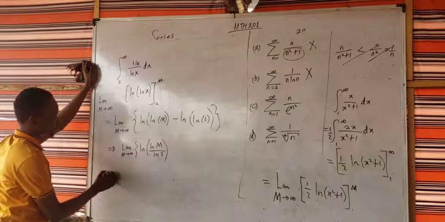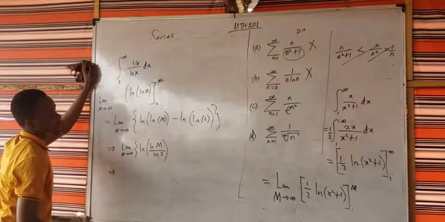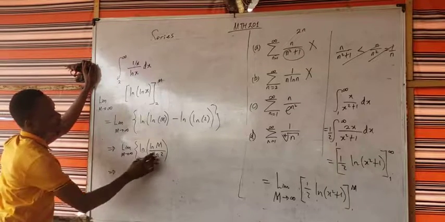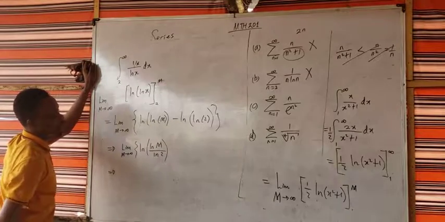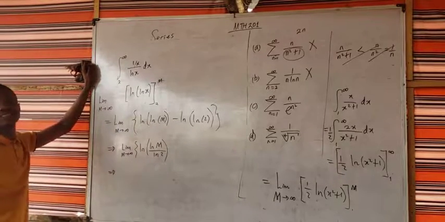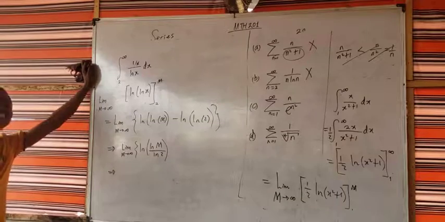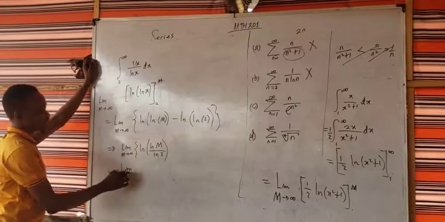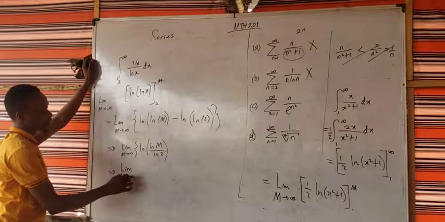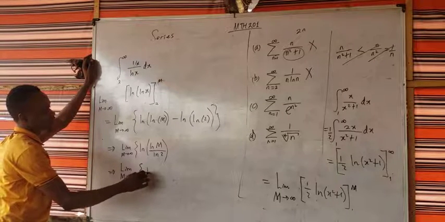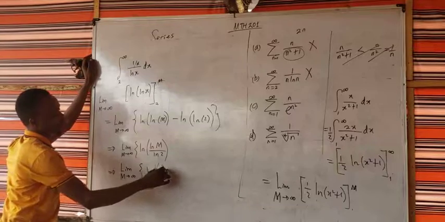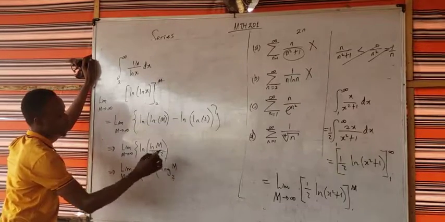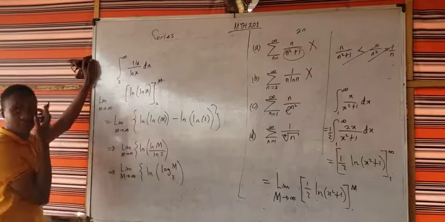And with that, you are good to go. So if you have ln m over ln 2, what can you say about that? The number is a constant. So you can write this as the limit as m approaches infinity of ln of log m to base 2. Does that make sense? It's done.